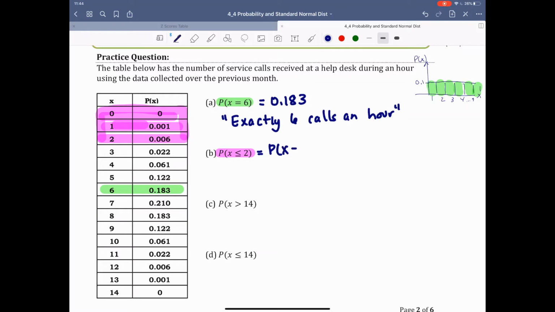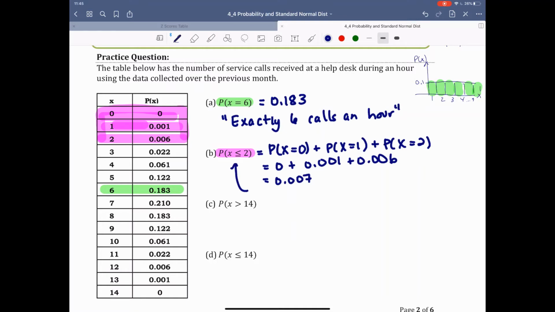It's the probability that x is equal to 0, x is equal to 1, and x is equal to 2. And we can add those up: 0 plus 0.001 plus 0.006 for a total of 0.007. And this would be the statement less than or equal to 2 calls per hour.